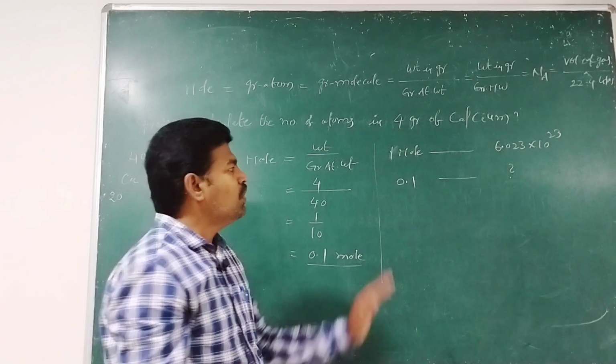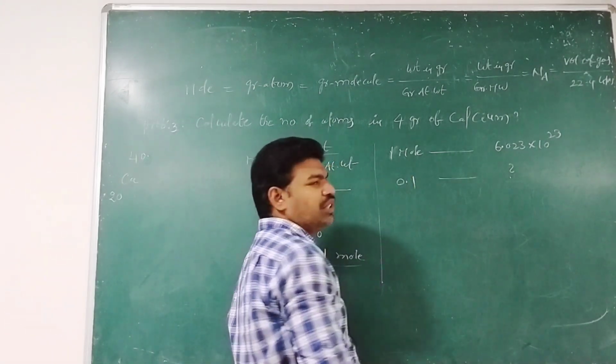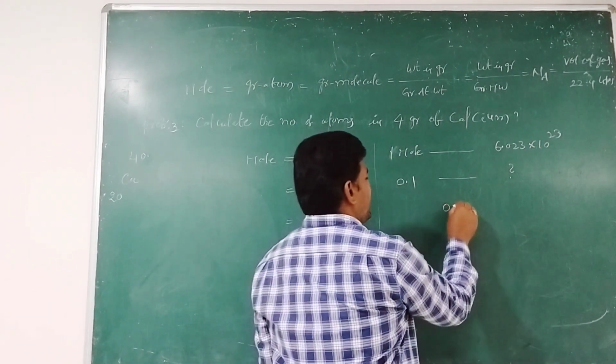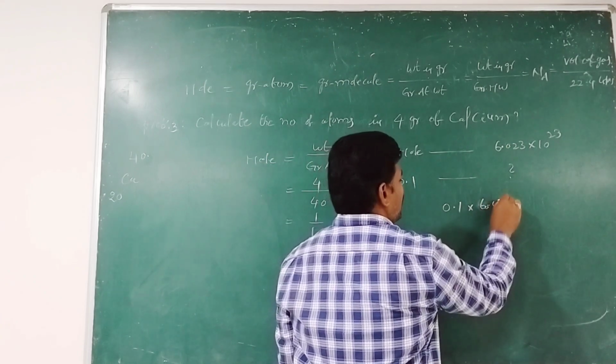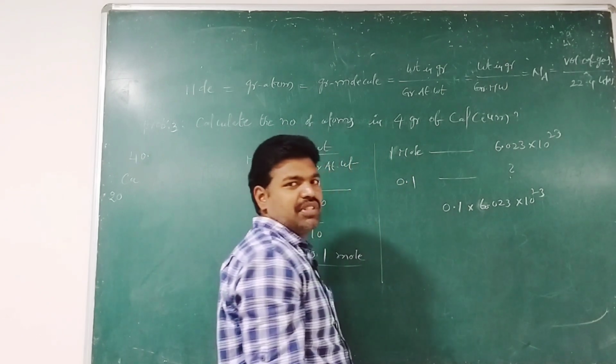It is very simple: 0.1 into 6.023 into 10 to the power of 23 atoms.